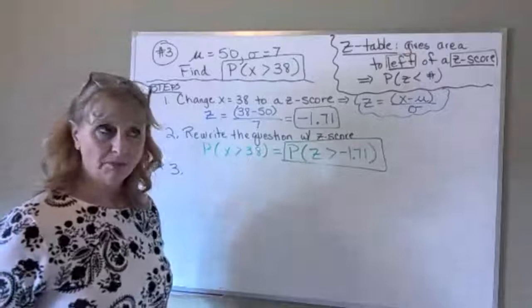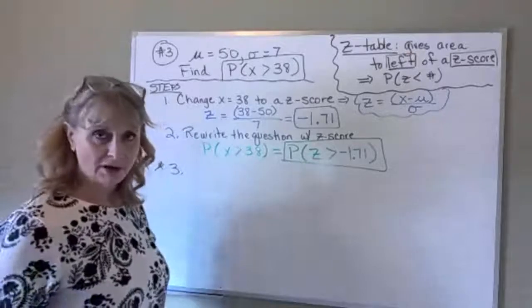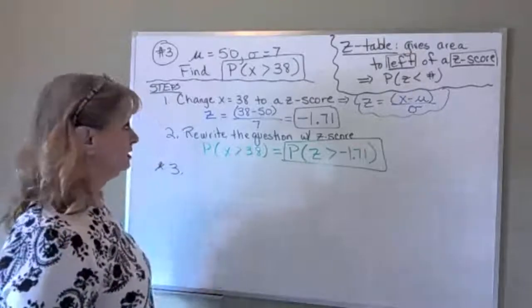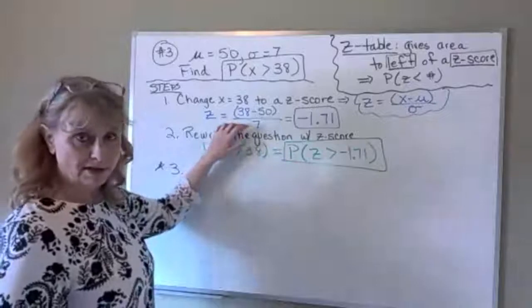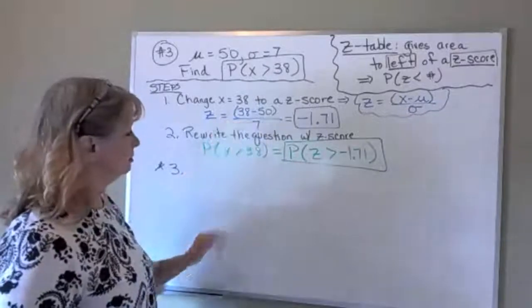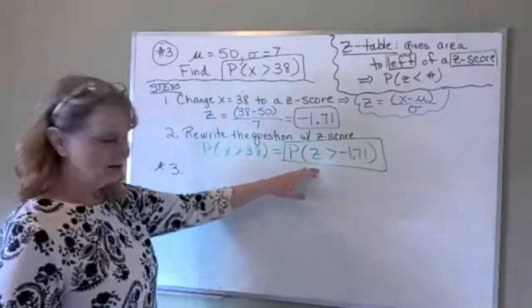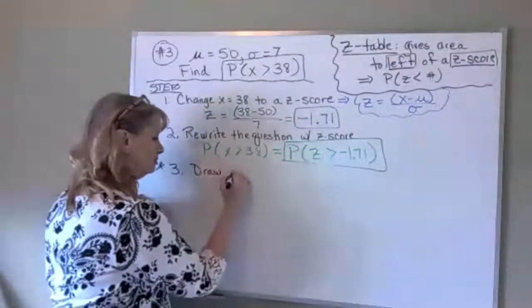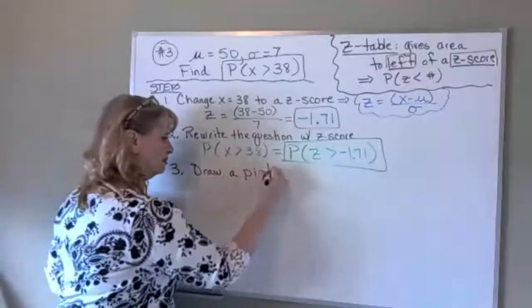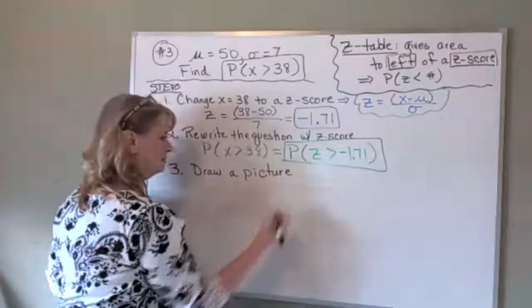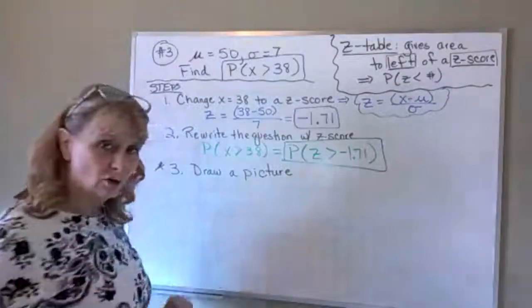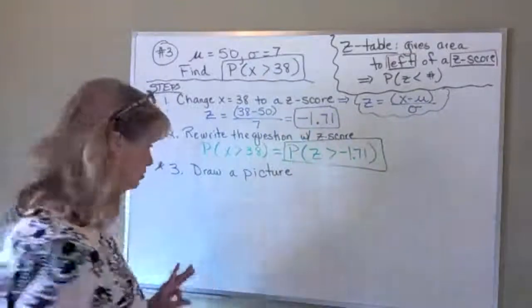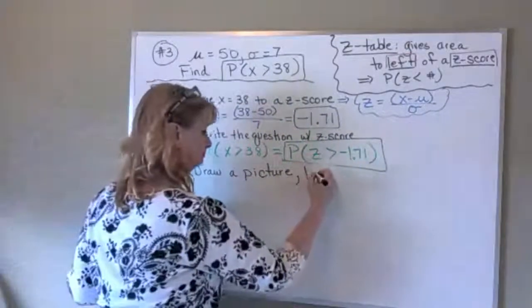So every question pretty much on the test from 5.2, if I ask you to show your work, I'm going to expect to see where you found the z-score, where you rewrote the question. Step 3 is to draw a picture.